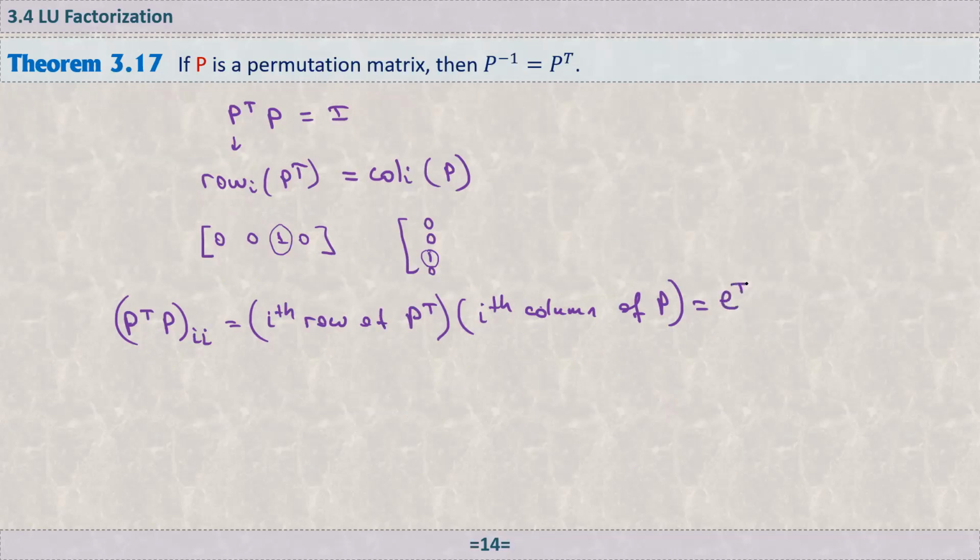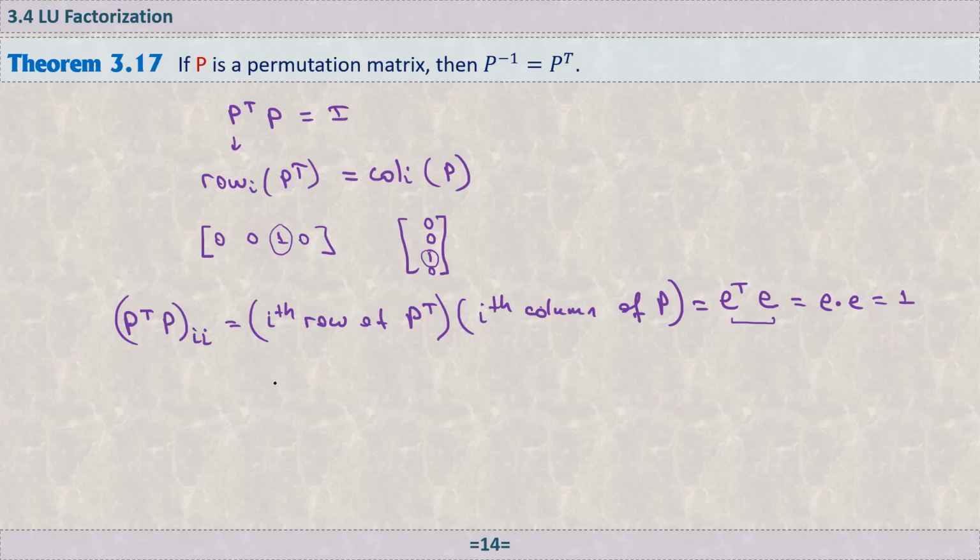So here we have E transpose, and here we have E. This one is E transpose because one is a row vector and one is a column vector, which is equal to E dot E. If you remember how to convert this matrix product into a dot product, it is equal to 1, because 0 times 0 is 0, 1 times 1 is 1, and 0 times 0 is 0, right? This shows that the diagonal entries of P transpose P are all 1s, because these are all diagonal entries: 1,1, 2,2, 3,3, 4,4.